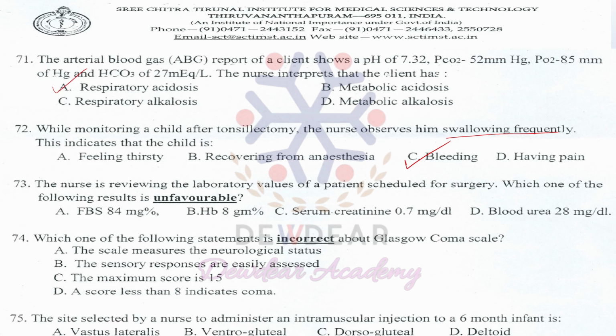The most unfavorable result is HB 8 gram percent, for the patient scheduled for surgery.